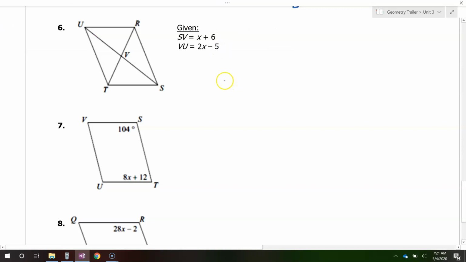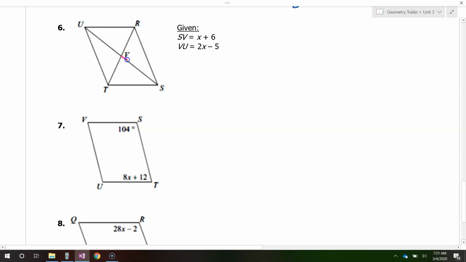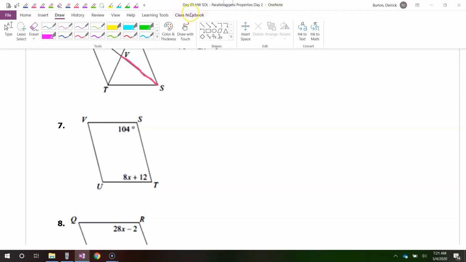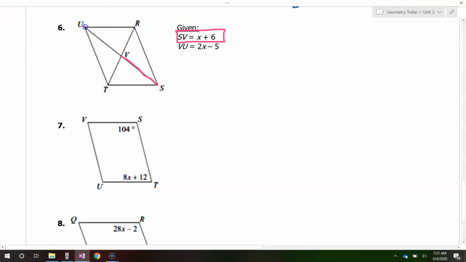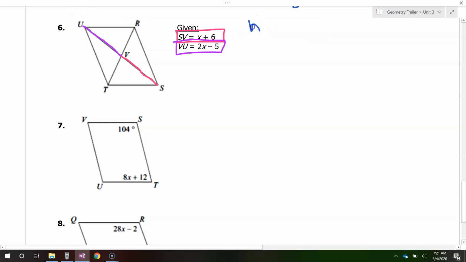Let's see, SV. This is SV right here. That is a half. Okay, VU. VU is right here. VU is also a half. So we have a half equals half situation.